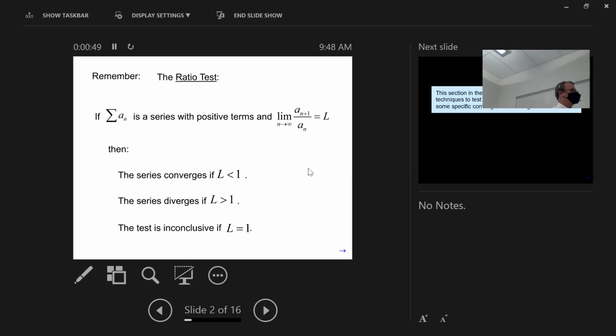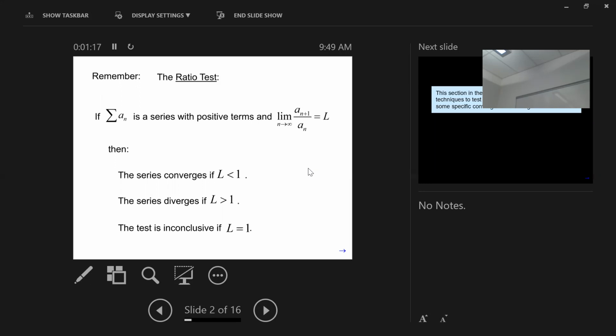This is from 9.4. When you use the ratio test, we're concerned that if the n plus 1 term to the nth term is less than 1, it's convergent. If it's greater than 1, that means the middle term of the H chart is getting larger, so the series is divergent.